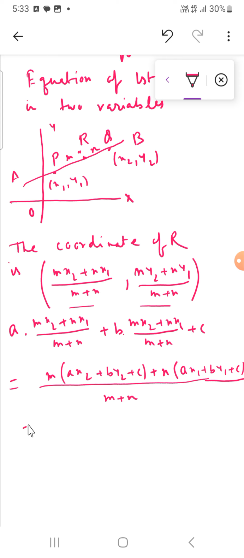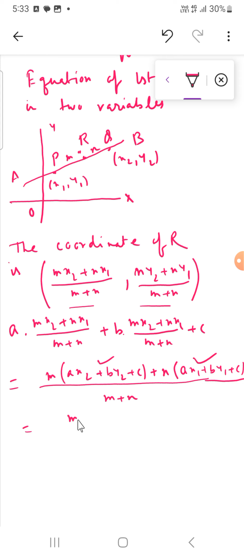We know that the points P and Q are fixed and satisfy the equation ax plus by plus c, so both of these brackets are equal to 0.